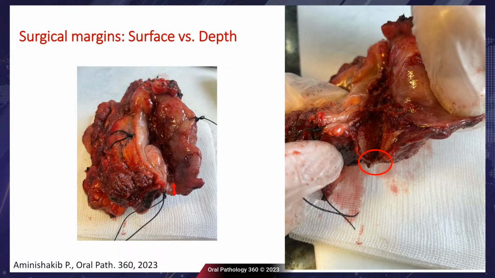Please do not take the surgical margin just at the surface. As you see in the right photo, the tumoral nests extend very close to the surgical margin and almost touch it.